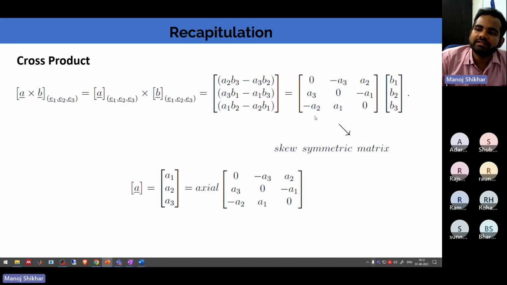This matrix is actually a skew symmetric matrix, which we make using the components of vector A. Suppose if it was B cross A, then this would have been a skew symmetric matrix made using components of vector B, multiplied with vector A, and so on. Also, the vector from which we create this matrix is called the axial vector of this skew symmetric matrix.